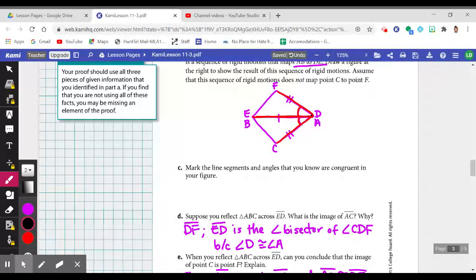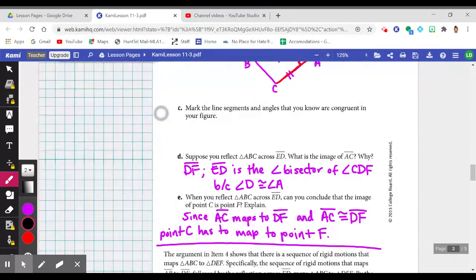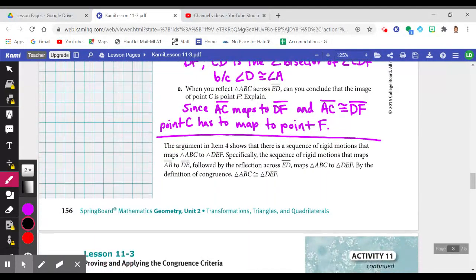And because these two angles on these two line segments are congruent, we can't adjust the angle at all. We know that point C, being locked in by this angle and this distance, has to map to point F. Again, same diagram, same rigid motions. We're just now viewing it with two sides and an included angle and how that affects our understanding of triangle congruence.